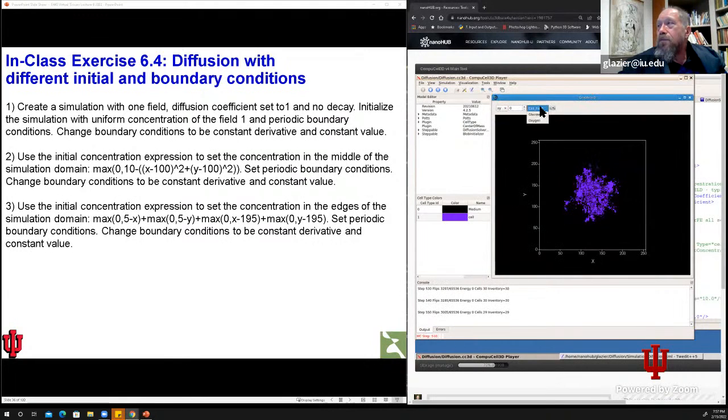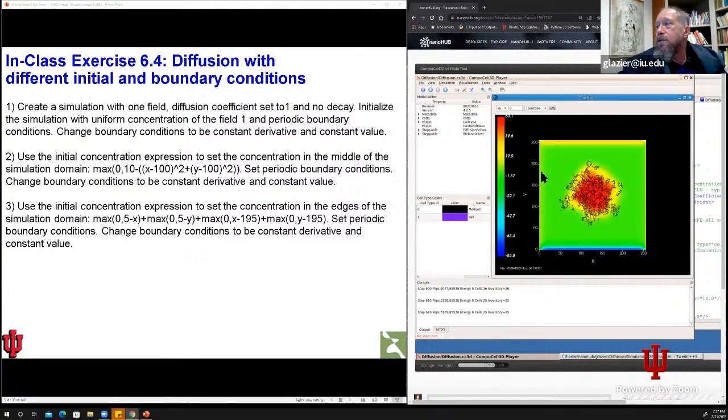The cells are not important in this. Let me look at glucose. Here's a glucose field. The boundary conditions here are a little bit strange. I have here at the top a constant source, here at the bottom a constant removal, a constant negative flux.